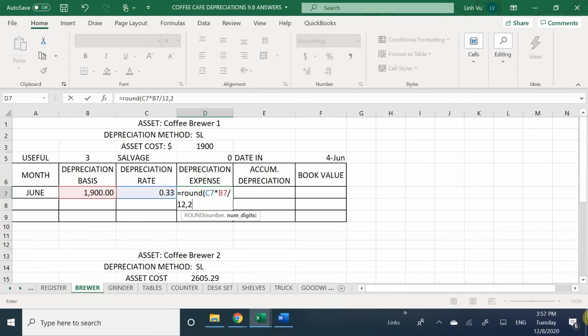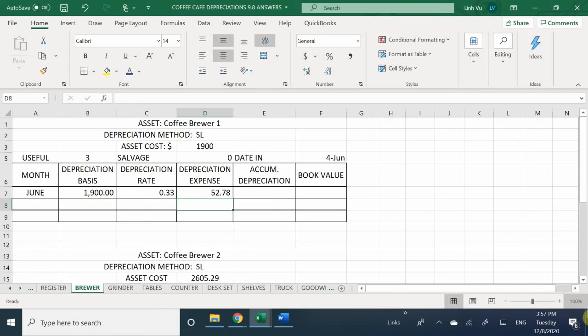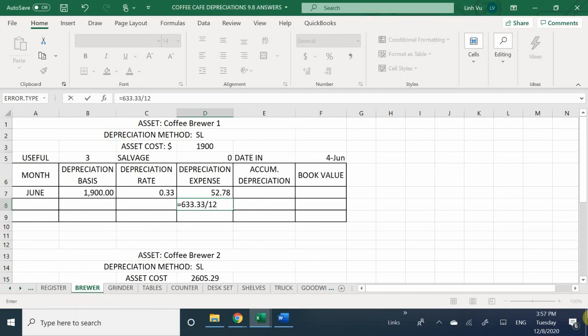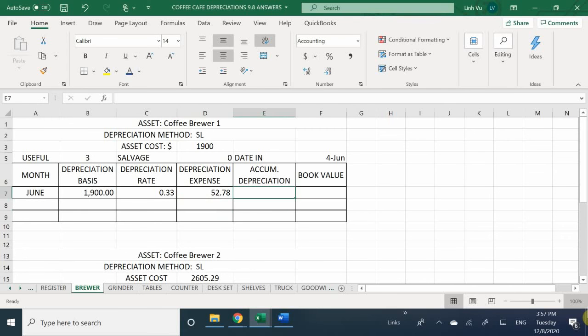No, that's for the whole year. You have to divide that by 12. Okay. So I got $52.78. Yeah, $52.78 is correct. And if you're doubting that, you could take the 633.33 divided by 12 yourself, and that is correct. It is $52.77, whatever. So again, accumulated depreciation is going to be the same.